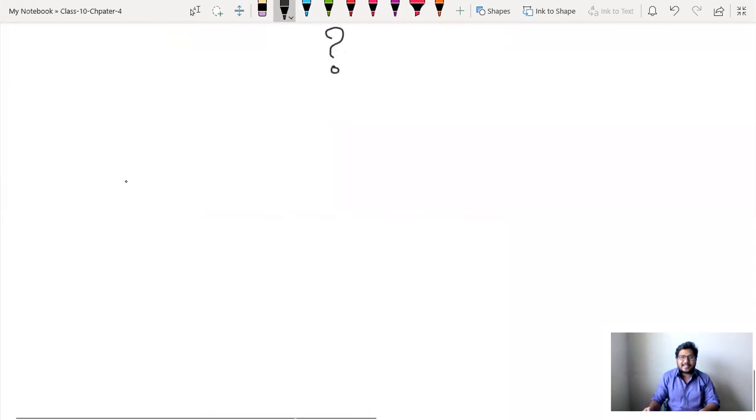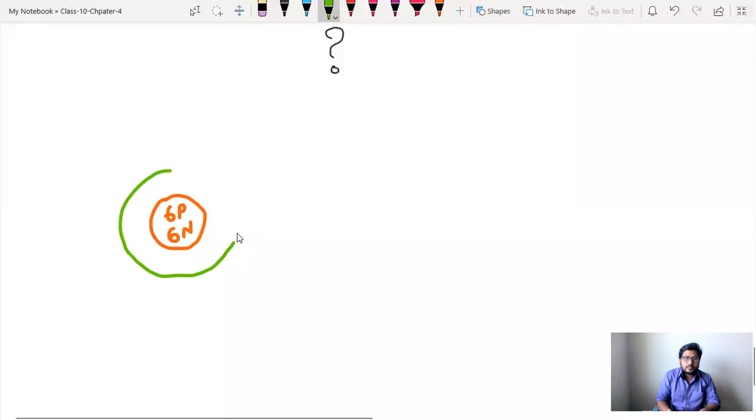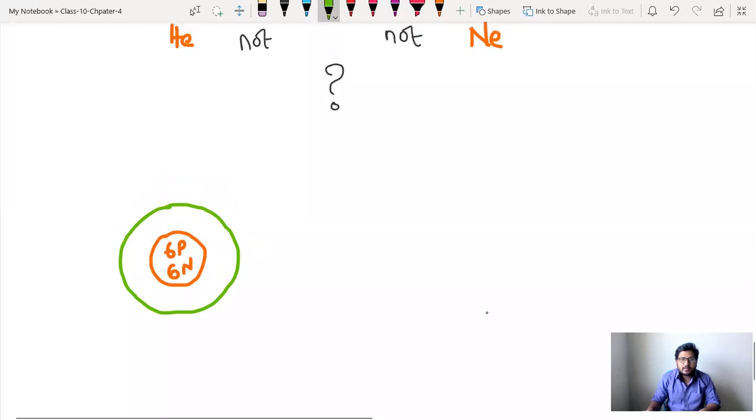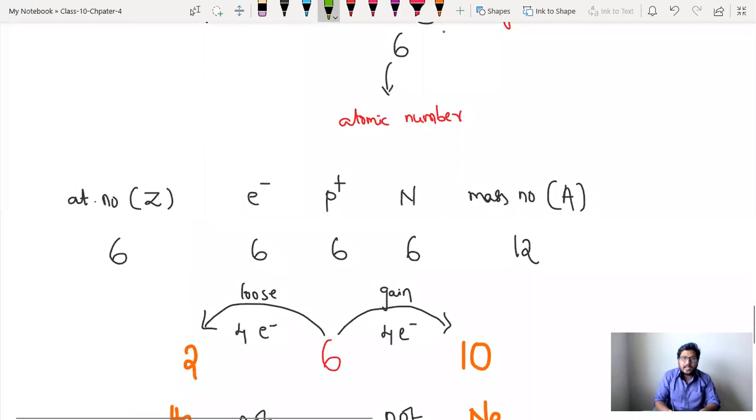Let us discuss. Okay, we know the structure of the atom. This is the nucleus. This nucleus has 6 protons, 6 neutrons. Now there is the first orbit. How many orbits can we find in carbon? If you write the electronic configuration, 1s2, 2s2, 2p2. So that is right, 2 plus 2 plus 2, 6.